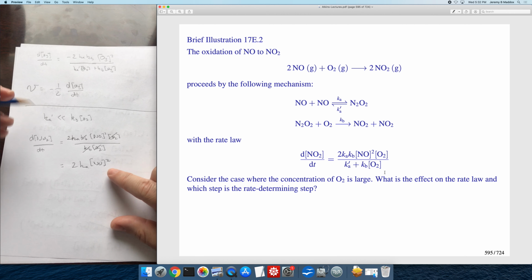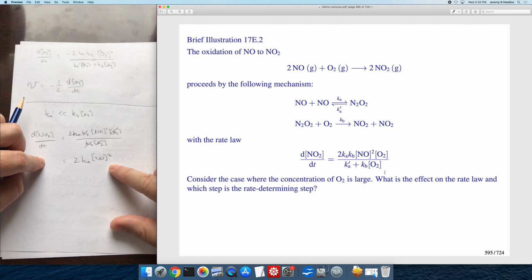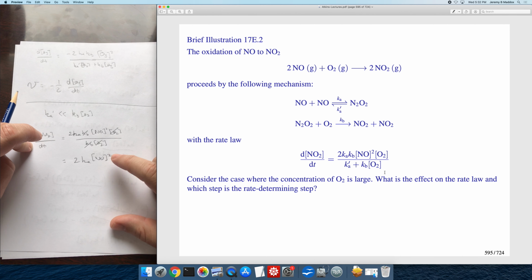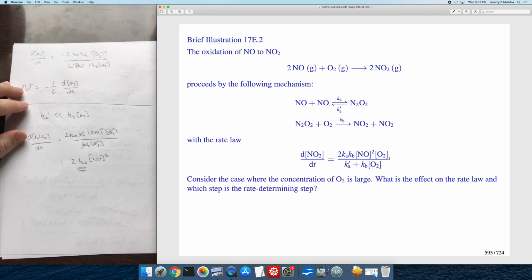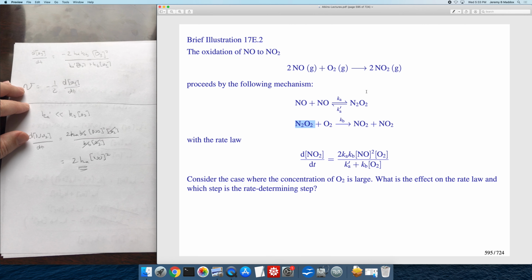And so effectively, for large oxygen concentrations, the rate of this stoichiometric reaction will be second order in nitrogen monoxide. The rate limiting step, as indicated here, would be this first step, where the nitrogen monoxide molecules combine to form the intermediate. Okay, so this is the slow step. And then once that intermediate forms, it basically reacts right away. So this would be a fast step compared to the formation step.